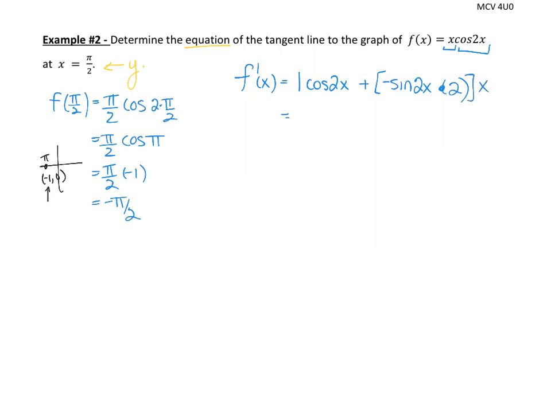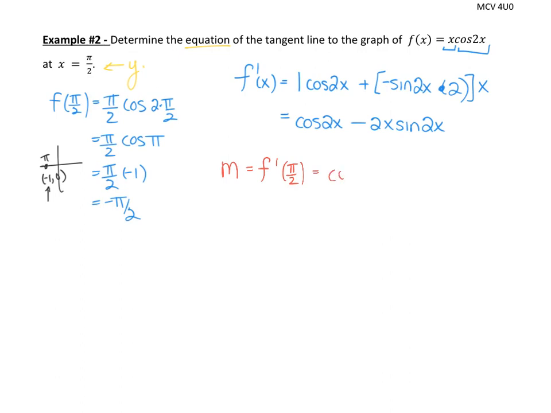Okay, so again, just like I said on the previous page, we're just going to clean this up, bring monomials to the front. We end up with cos 2x minus 2x sine 2x.